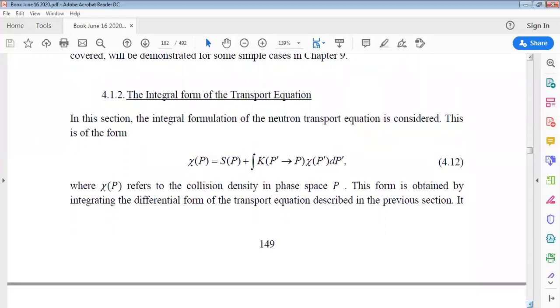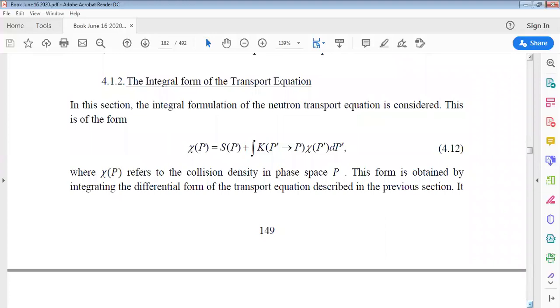Now, what I just showed you was a partial differential equation. It was first order, and as I mentioned in the previous lecture, it is a linear equation. The linearity is so important because you can use the superposition principle, where if you have a number of sources, S1, S2, S3, S4, you can solve the equation separately for each one of those sources.